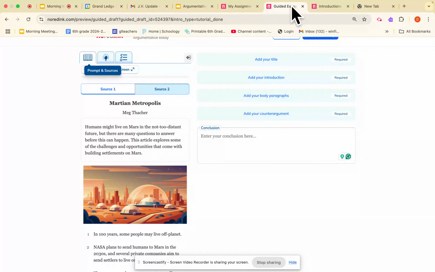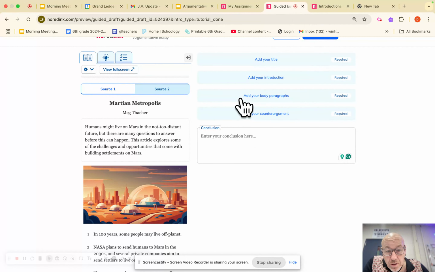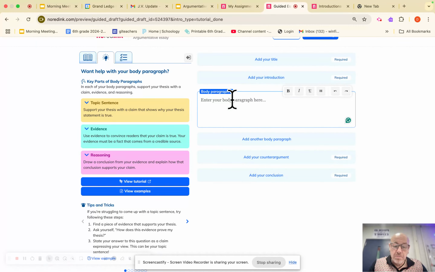So I'm going to go back over here, and I'm going to go pretending I'm writing in a body of my paragraph. I would say, I think it's important to stay on Earth because it's safer than Mars.